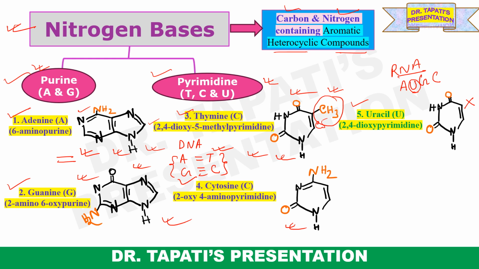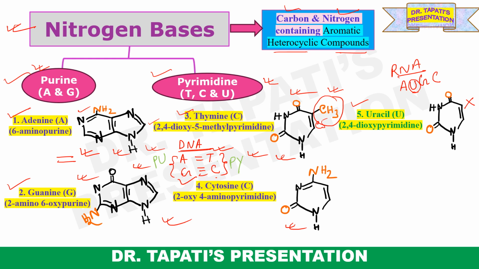And you have to very easily remember the purine and pyrimidine nitrogen bases. Side by side, you just write down ATGC, which are these 4 nitrogen bases present in DNA, and in this way, up and down position, that is A and G, these come under purine, and T and C, these come under pyrimidine.